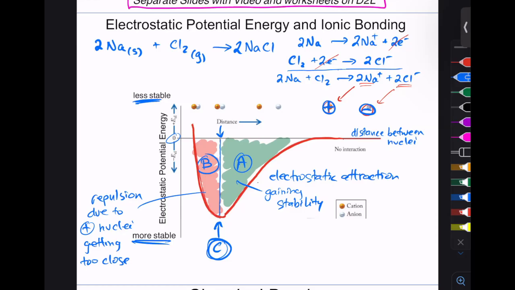The most stable, right? Certainly that's true. And if we're to the right of C, well, there's still some more stability to be gained, right? And if we go too far to the left of C, now that repulsion is taking over, so it's going to push it back the other way. So if we're talking about the distance, because that's what we're measuring on the x-axis here, and this is the most stable, what distance do you suppose that would give us?